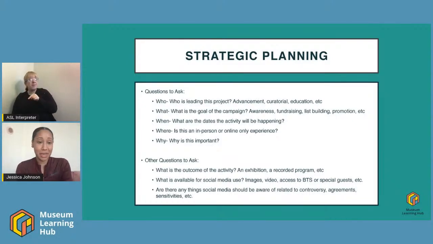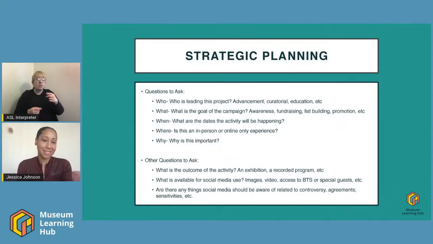When is the campaign happening, or when is the project happening? Another important thing to note, not only because you need to put that on the marketing or in the campaign, but also for your calendar. Noting, okay, if this project is happening, let's say on today, December 16th, what else is happening today? Is it National Pizza Day?